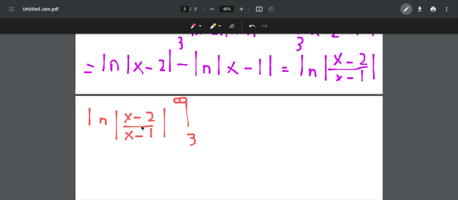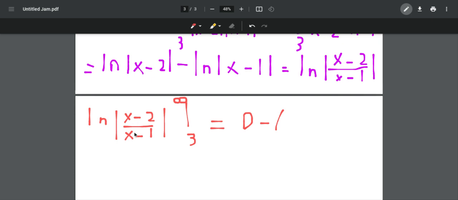Evaluating this at infinity, first of all, we should take the limit of the inside of the natural log, because we can't actually evaluate something at infinity. Infinity is not an actual number. We should take the limit. And when we take the limit, this is just 1, so natural log of 1 is 0. So the first part of the answer is 0.